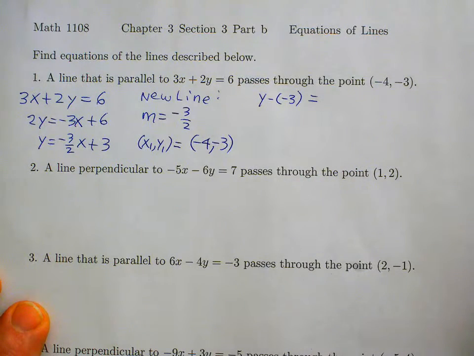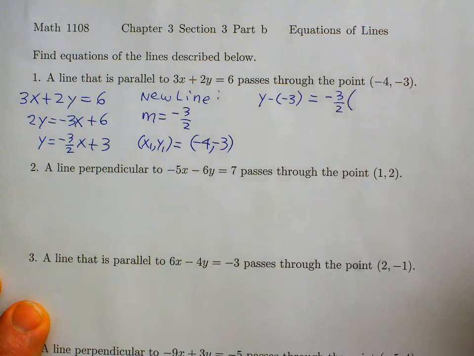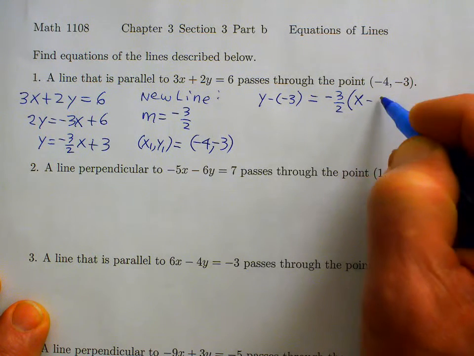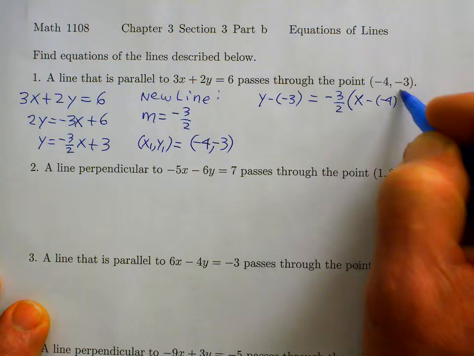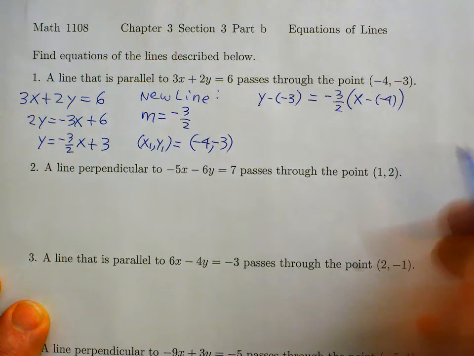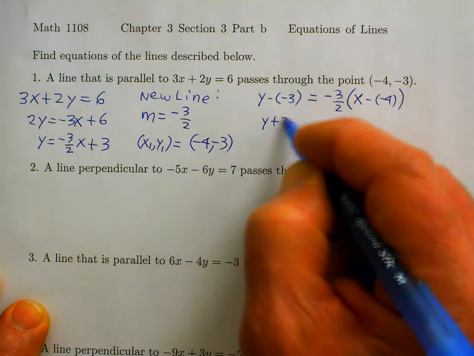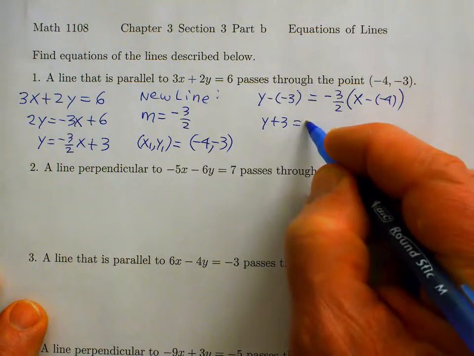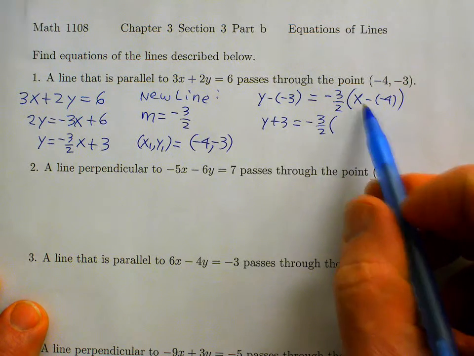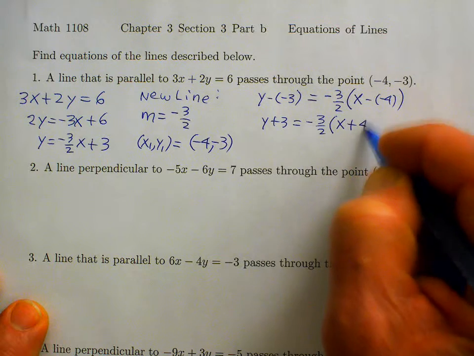And that's equal to -3/2 times the quantity x minus x1, or x minus -4. So a little bit of arithmetic. Y minus -3 is y plus 3. And then x minus -4 is equivalent to x plus 4 inside the parentheses.